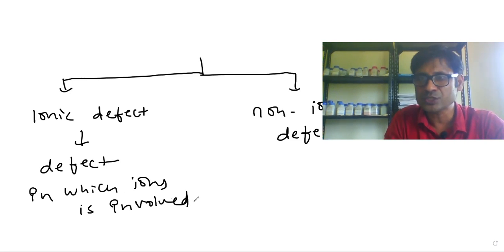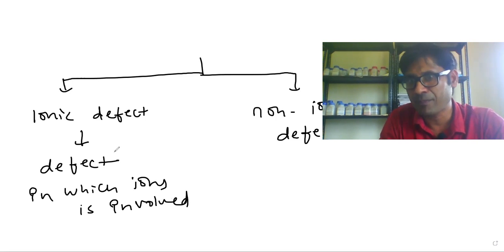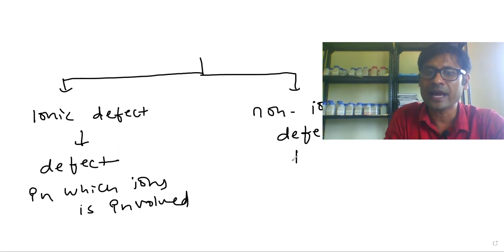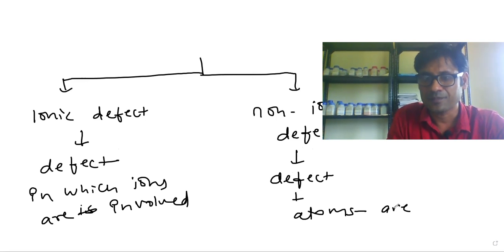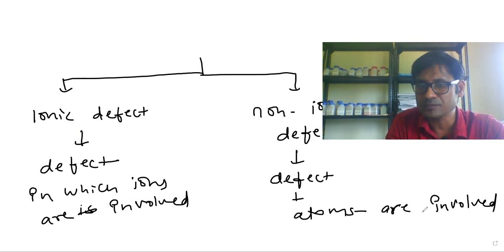The compound which shows ionic defect has ions, and non-ionic defect means this type of defect is shown by atoms, the defect in which atoms are involved.